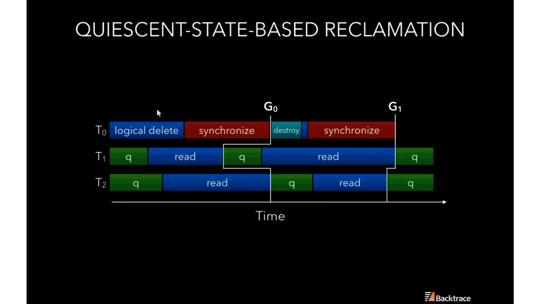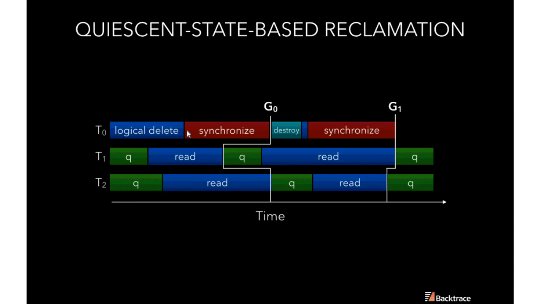So for example, employee get would be an example read side operation. And what the synchronize operation does is block the calling thread until all currently executing read side threads are in idle state or have progressed past the next idle state.